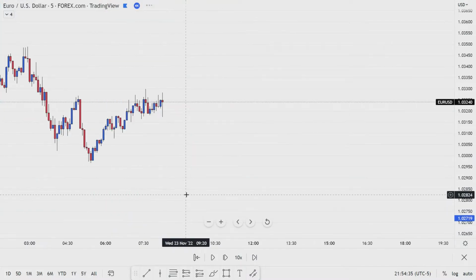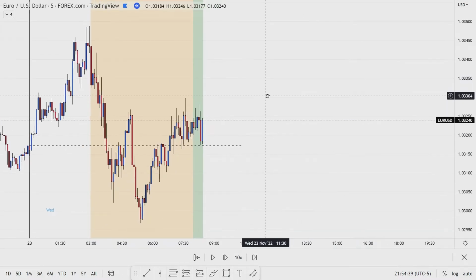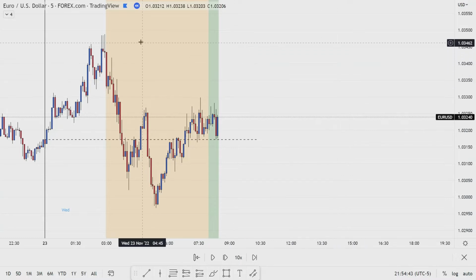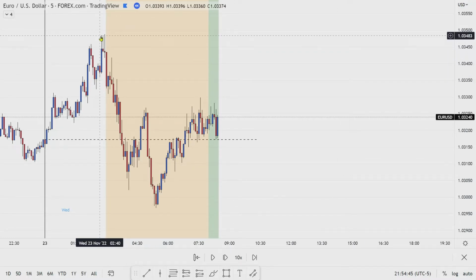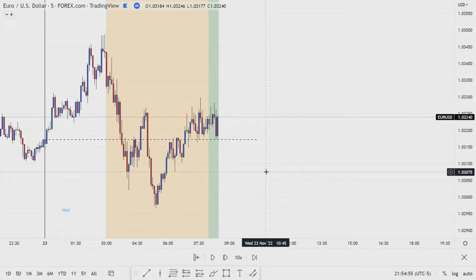So I'm going to go into the lower time frames here, and we're going to follow the same ideas again. We're going to be looking at London highs, which for me right now, this one looks like something I would look for. And then this London low right here, something I would also be looking at.